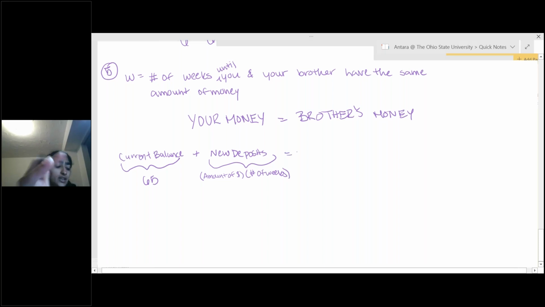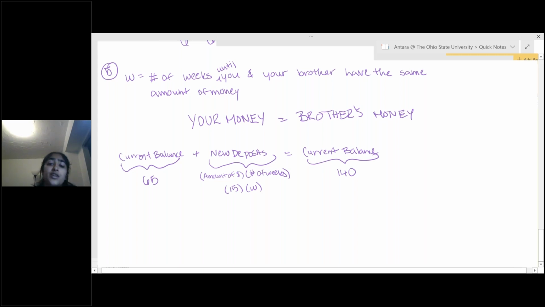Now for your brother's money, he also has a current balance. It's different from yours, but he has also a current balance. And that is going to be 140. So for the new deposits, for your money, you're depositing 15 times W, because we don't know the number of weeks.